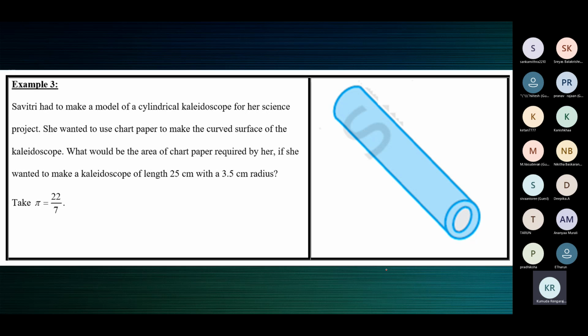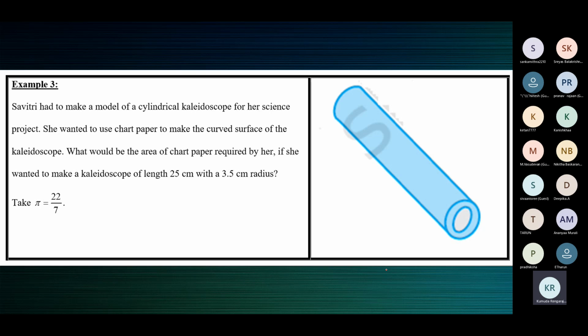Savitri had to make a model of a cylindrical kaleidoscope for her science project.